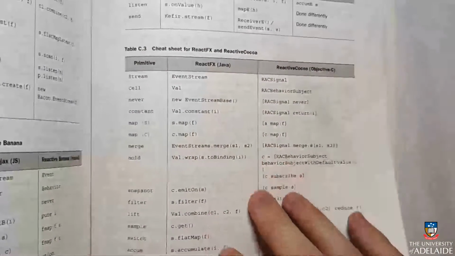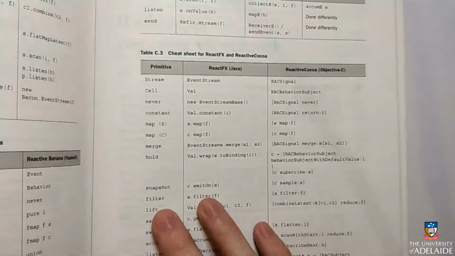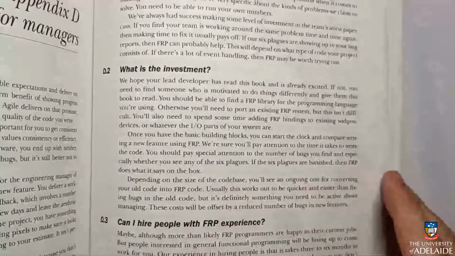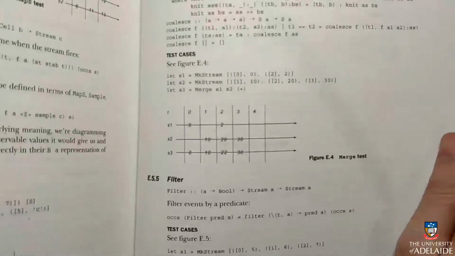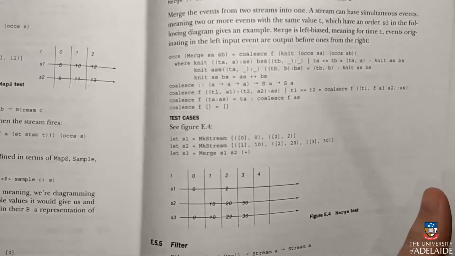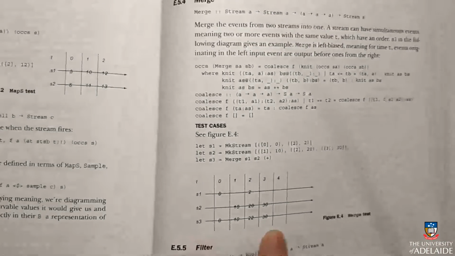And here's a reference comparison between different functional reactive systems. And I think it's the very last appendix here. You can see a bunch of marble diagrams that represent how things are handled. So this is an example of a marble diagram for a merge stream here.